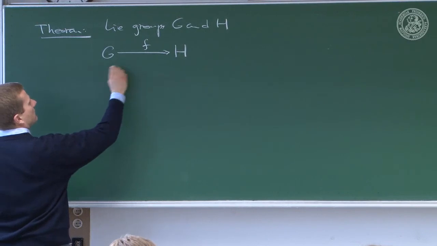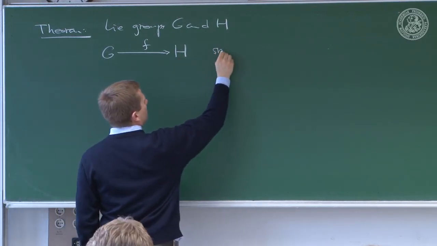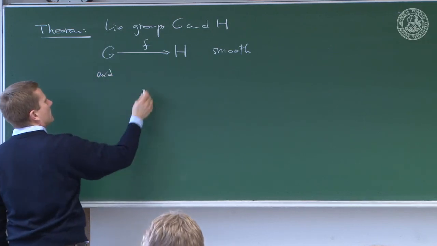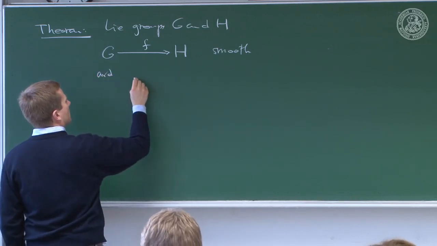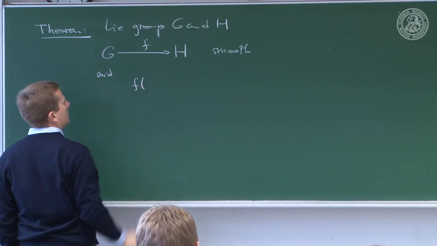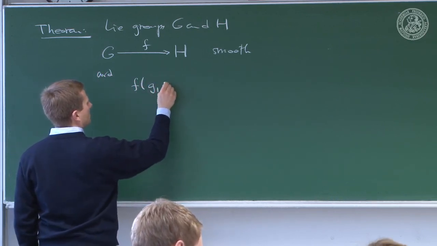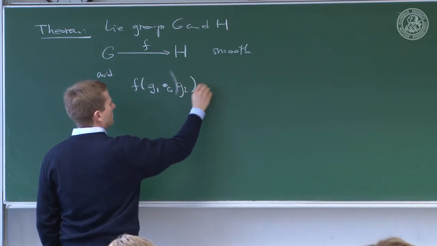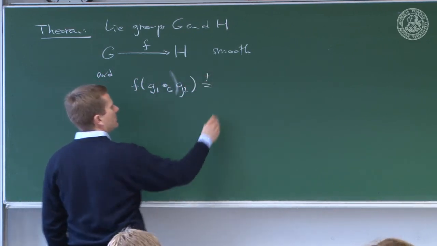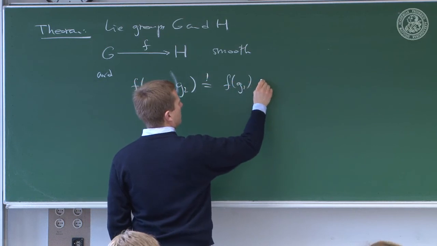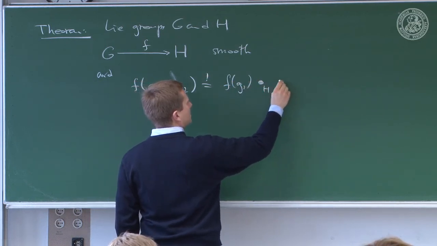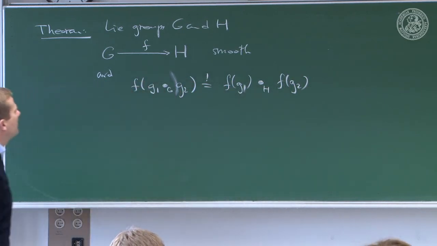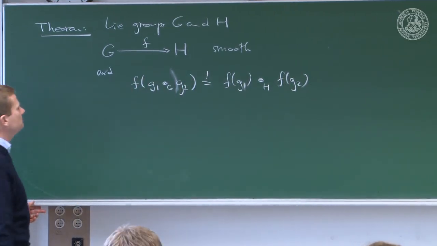So F is smooth, and F of G1 composed in G with G2 is required to be F of G1 composed in H with F of G2, right? If you have this, that's a group homomorphism.